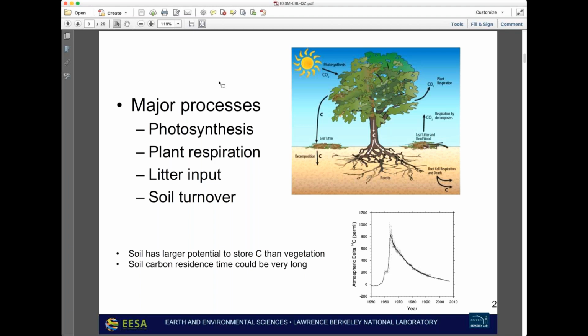And in addition to the 12C cycle, through photosynthesis, plant respiration, litter, and soil turnover, we also have a 14C cycle through the system parallelly. And there are two major differences. One is that 14C decays, radioactive decay, with a half-life of about 5,700 years.